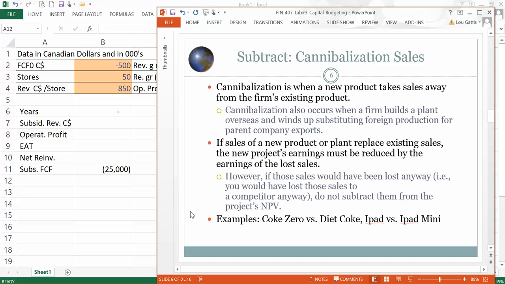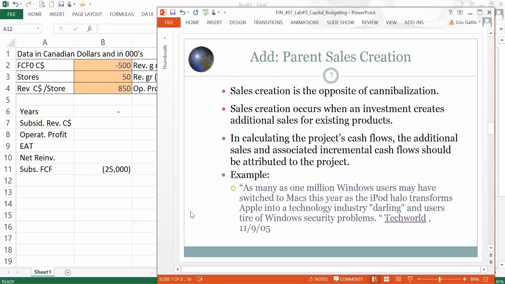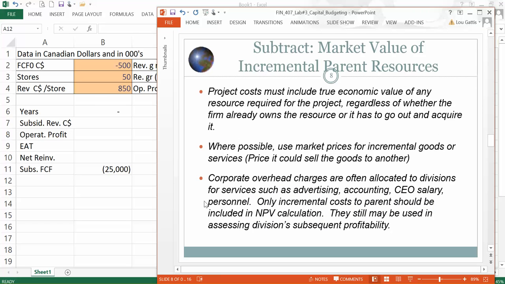The opposite of cannibalization is sales creation. In this case, you increase your sales in other products by launching a different product. For example, when the iPod was initially launched, sales of Apple computers surged. So that's an example of sales creation.